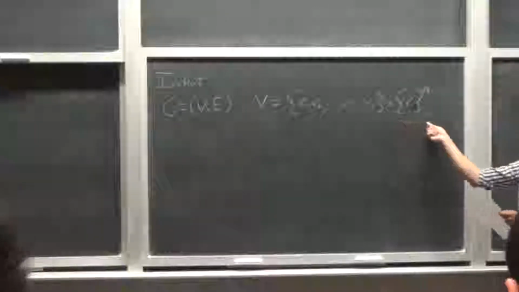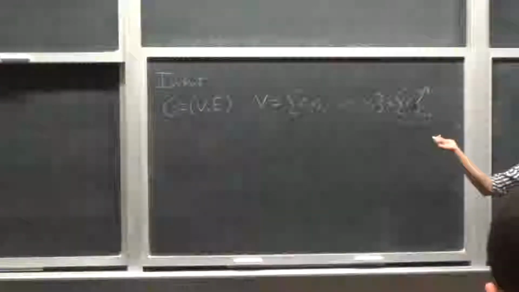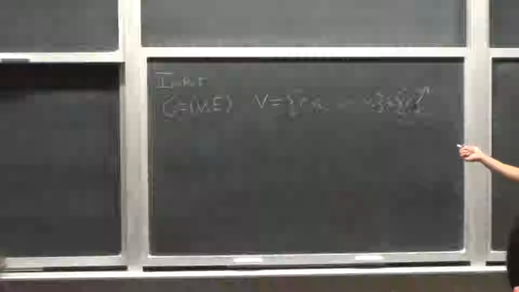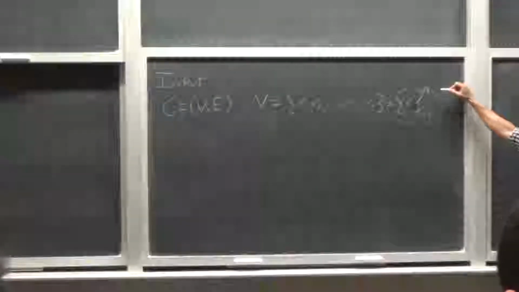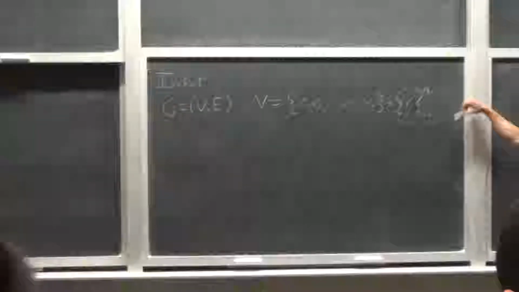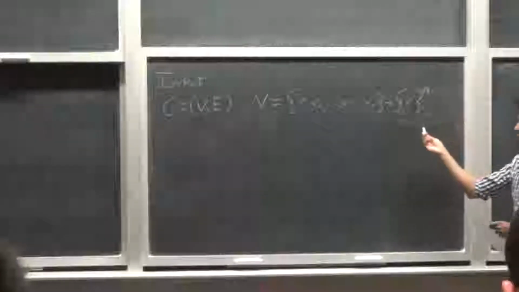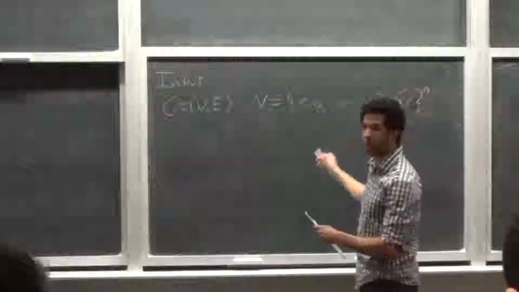Have you guys seen this before? It's way smaller, so it makes life a lot easier. All it means is we're counting through all the elements indexed by i from 1 to n.